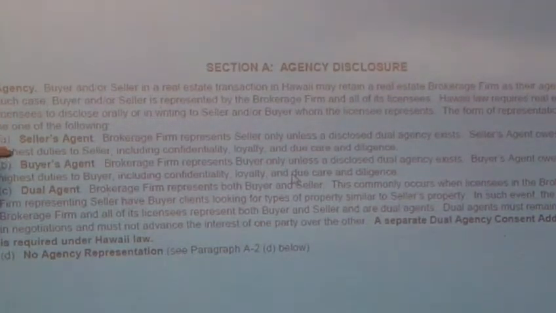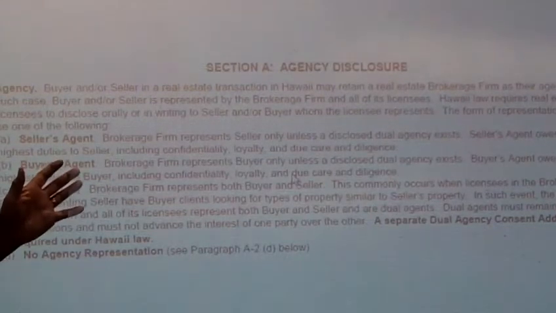Okay, so this section here, paragraph A1, is just disclosing or notifying the client of the types of agency. It's saying seller's agent, buyer's agent, or dual agency. In the case of a seller's agent or buyer's agent, the entire company represents the client, not the agent, the entire company. In fact, you'll see in the next section that you don't fill in your name.